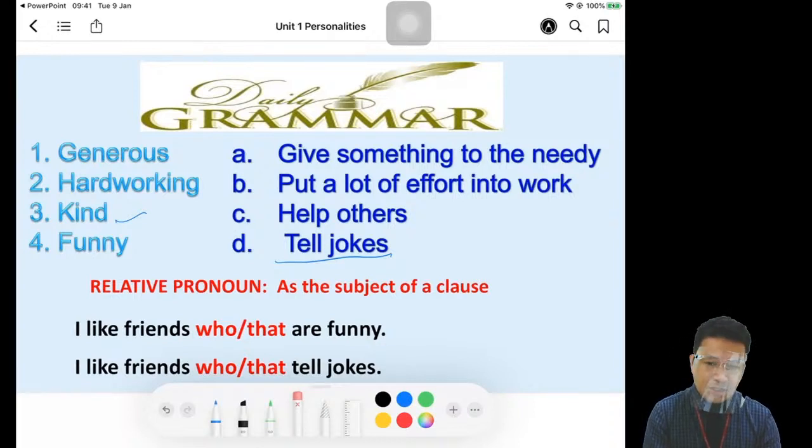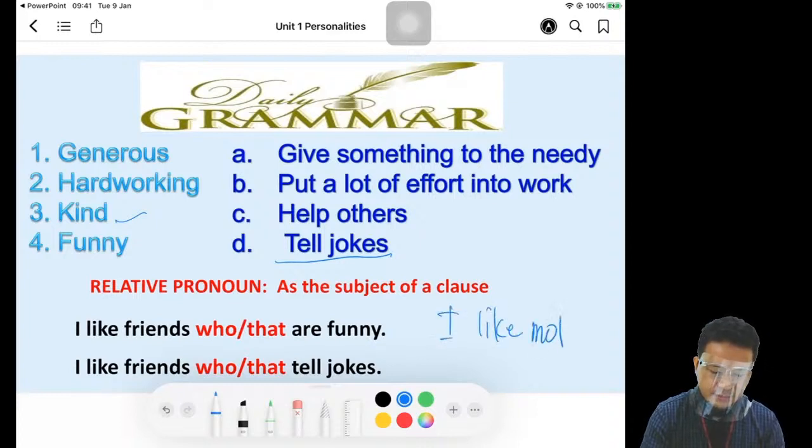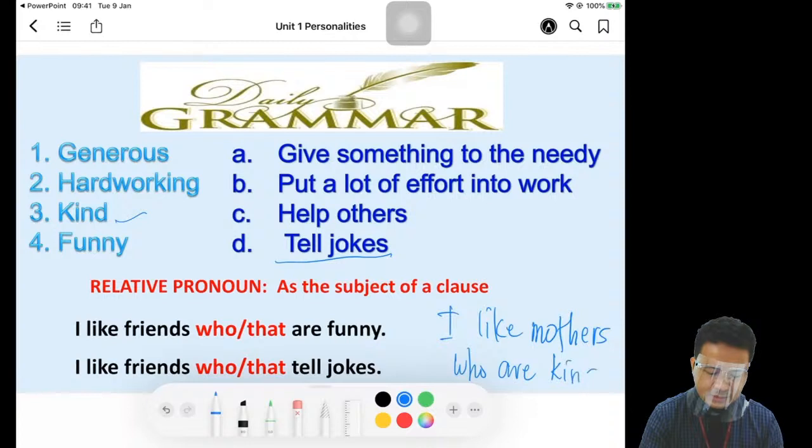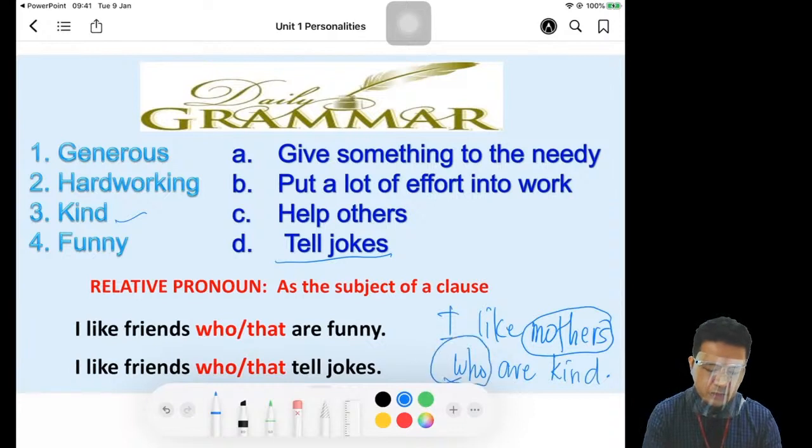But take note, in this sentence we're going to use those words in plural. For example, I like mothers who are kind. So we have here the subject, mothers, and we also have here the relative pronoun who.